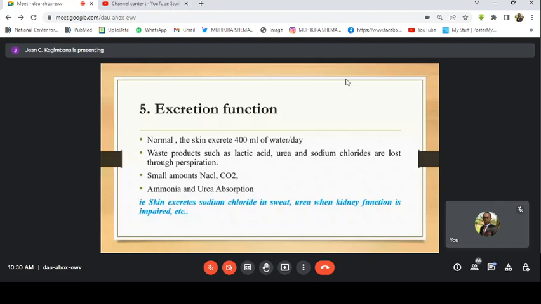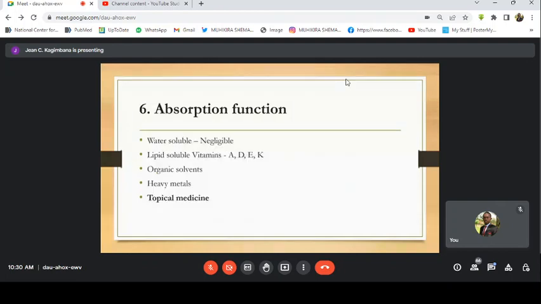Now, absorption function. Water soluble absorption is negligible. For example, when you take your shower, the water in contact with the skin does not penetrate.